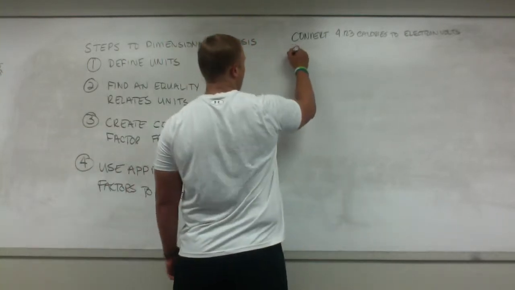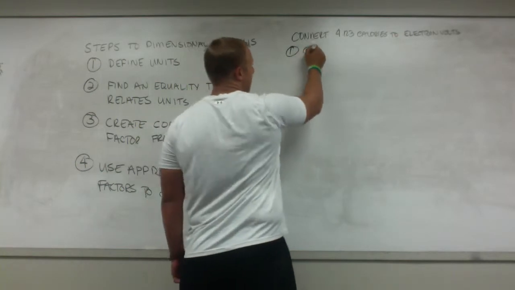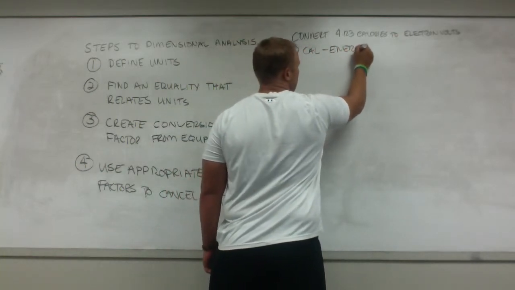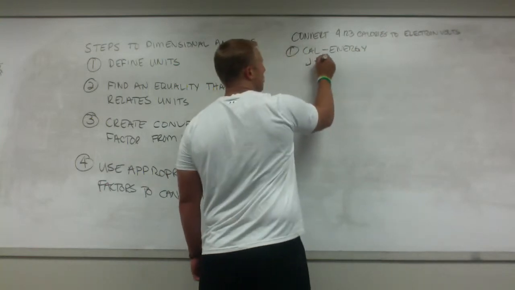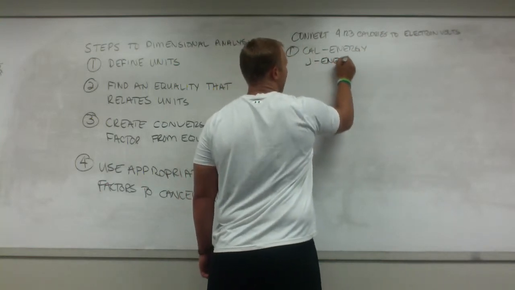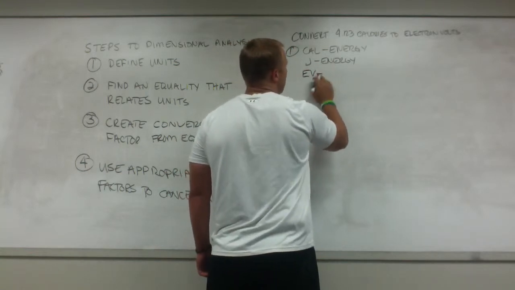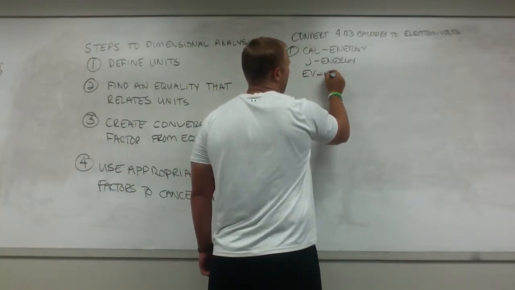So, number one, we've got calories, energy. We know that. We've got joules, our energy. We know that. The reason why we need to figure out what these are is so that we can figure out if we can relate them.